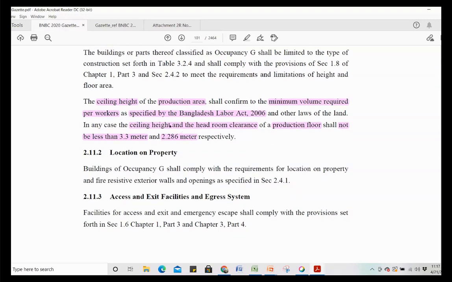Then there is another rule about height, that ceiling height and the headroom clearances of a production floor shall not be less than 3.3 meter and 2.286 meter respectively. So for ceiling height, it has to be minimum 3.3 meters. And for headroom clearance, maybe for some landing situation or particularly a very transitory space, it will be minimum 2.286 meters.